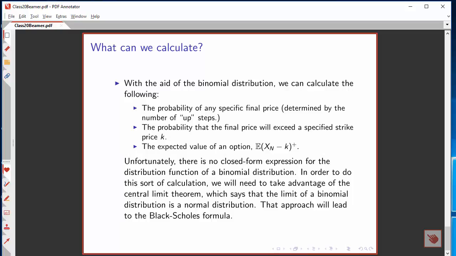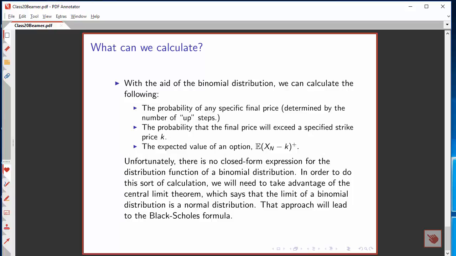We just ask, how many up steps does it take to reach that price, and what is the probability of getting that number of up steps out of n total steps, given the probability p of an up step. If we're thinking about an option with a strike price p, we can answer the question, what's the probability that the final price will exceed some specified strike price?